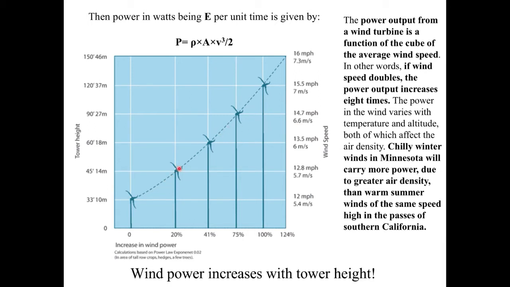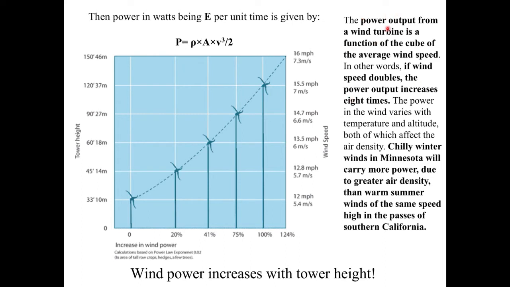So as the towers get higher or taller above the Earth's surface and wind speed increases, the wind power, meaning the amount of electricity that we can harness, increases with tower height. Now all of the words on the right hand side over here are just meant to emphasize that the density of air changes as a function of temperature, and so geography also plays an extremely important role.